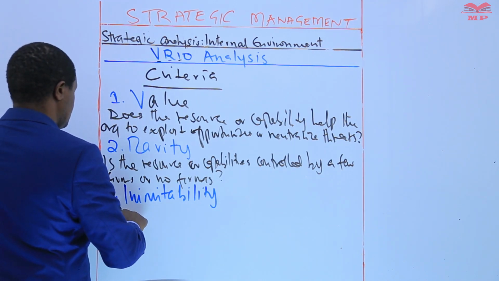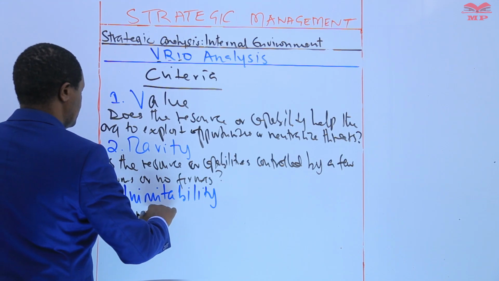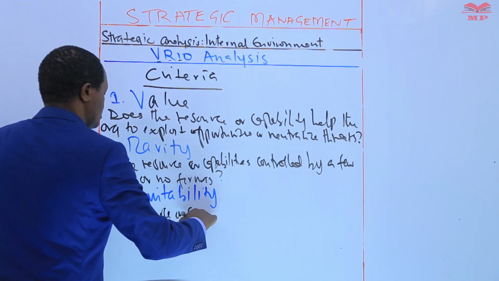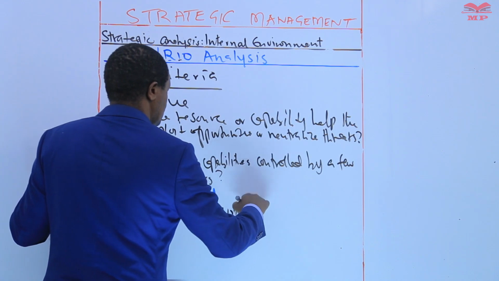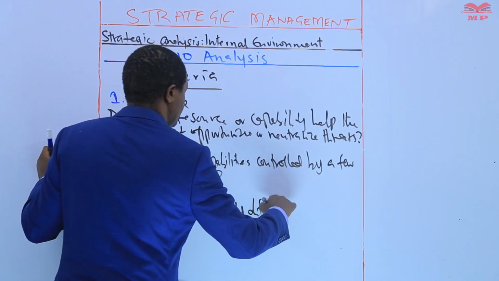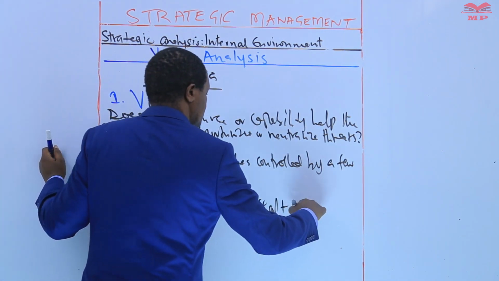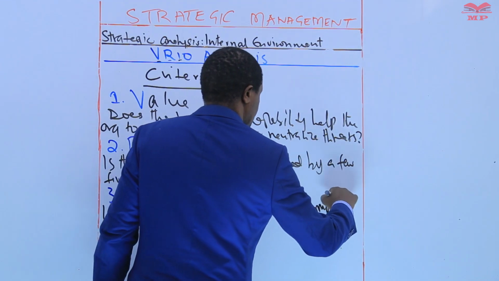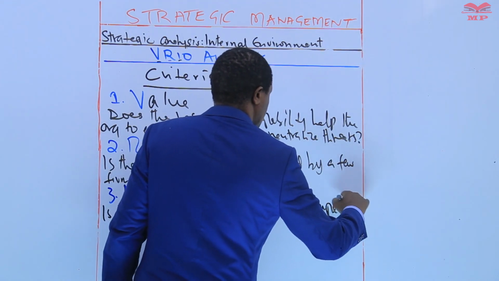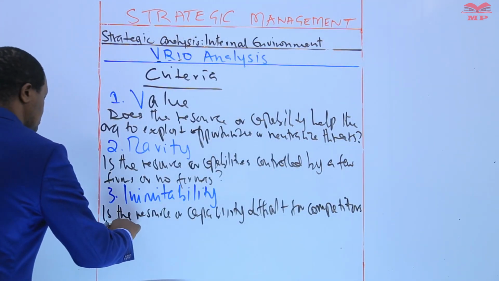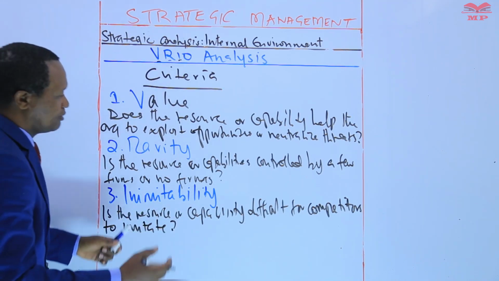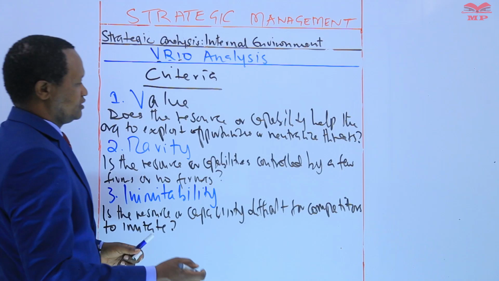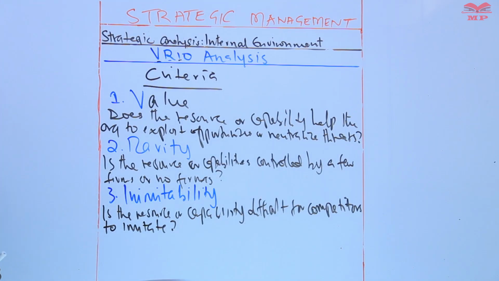Is the resource or capability difficult for the competitors to imitate?